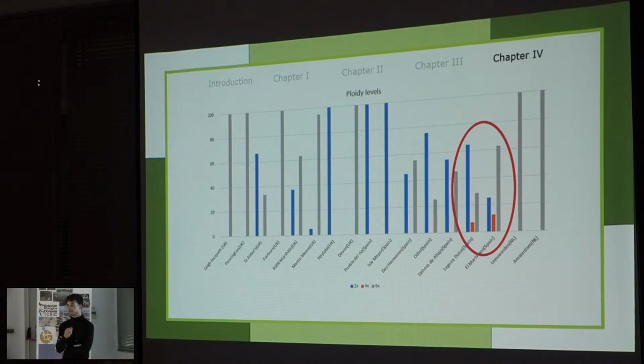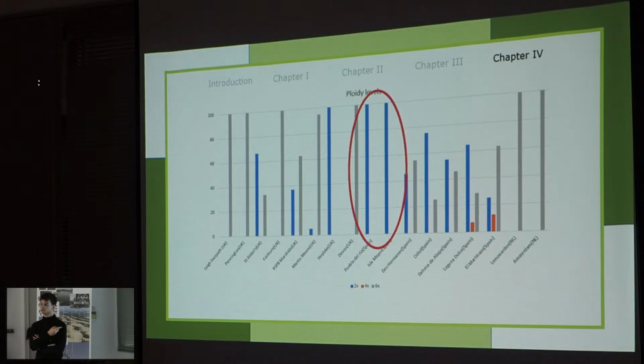But in artificial habitats in the same area, like the rice fields in Puebla del Río or Isla Mayor, we found only 1 ploidy level, the diploid one.